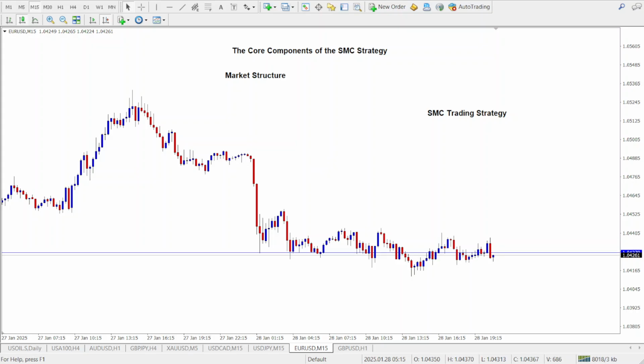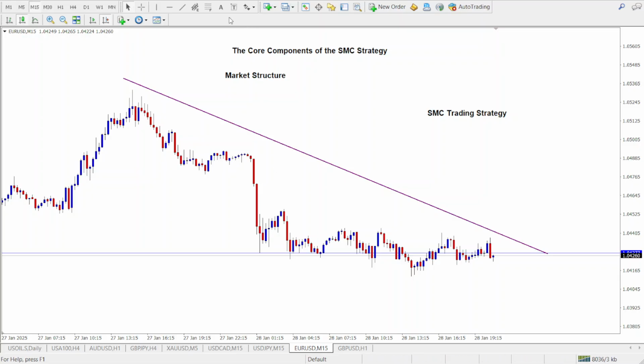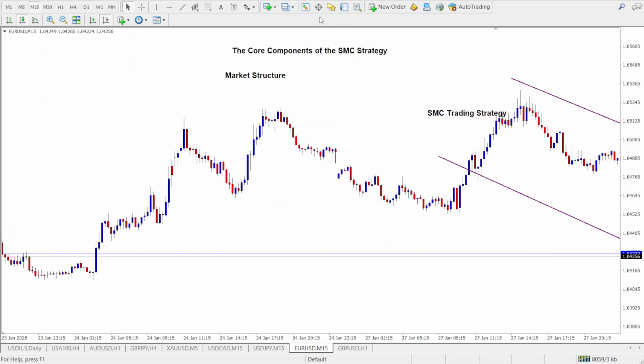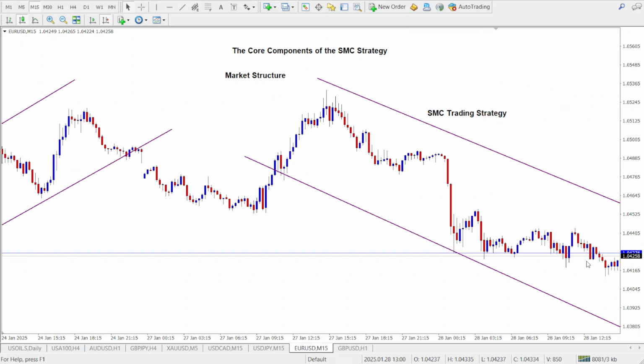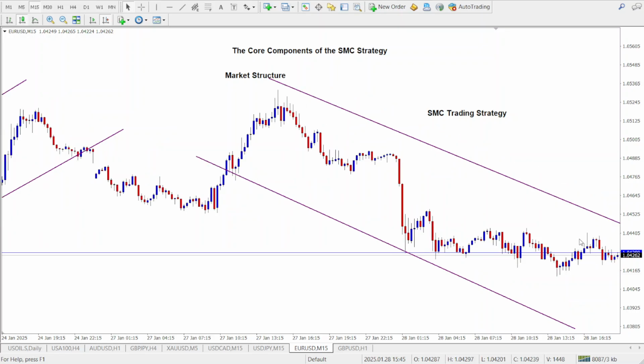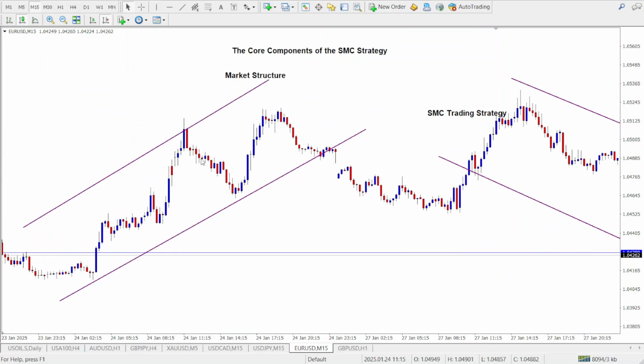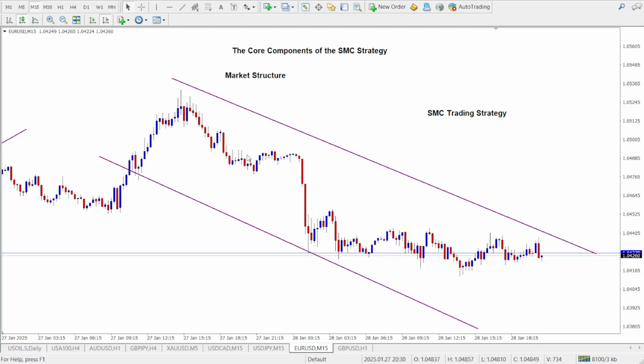Market structure refers to the general trend and price action patterns that form in the market. That's what we call market structure. This can be identified through higher highs and higher lows in an uptrend, or lower highs and lower lows in a downtrend.